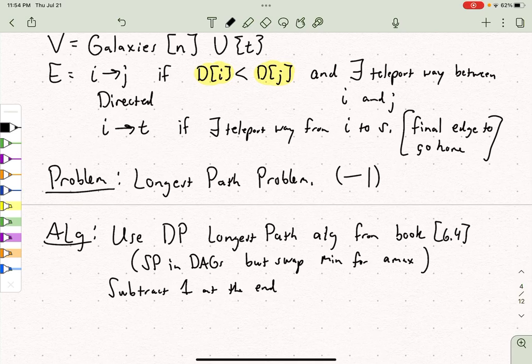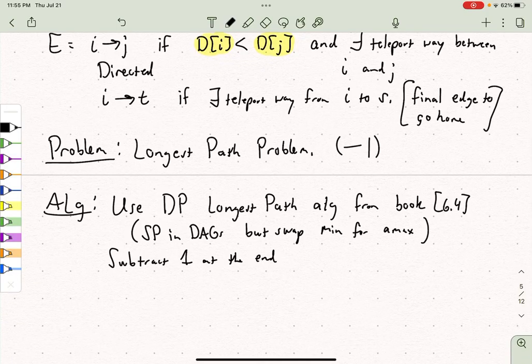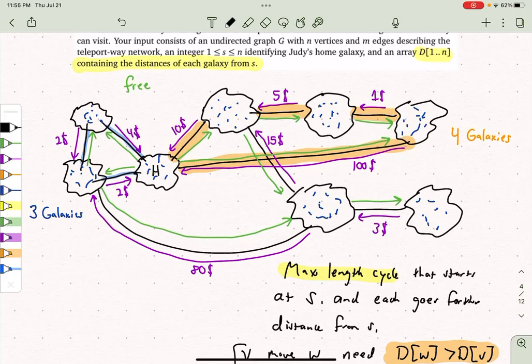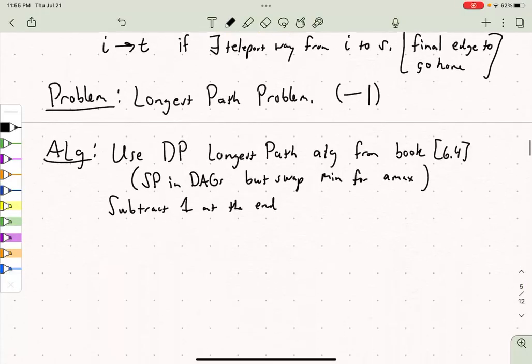Or sorry, not subtract, we add 1 to the end. Well, it depends on the cases. So if there are no edges in your path, then you would add 1 because you start at home. But remember, we have a cycle, so if we ever leave h, we have to come back, so the number of edges then does equal the number of nodes.